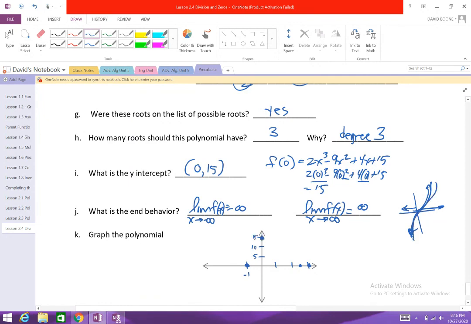It generally has this pattern starting in the lower left corner. It's going to come up, hit up here, come back down, and go through and come back up and through here. Because again, these are all multiplicities of 1 from up above.